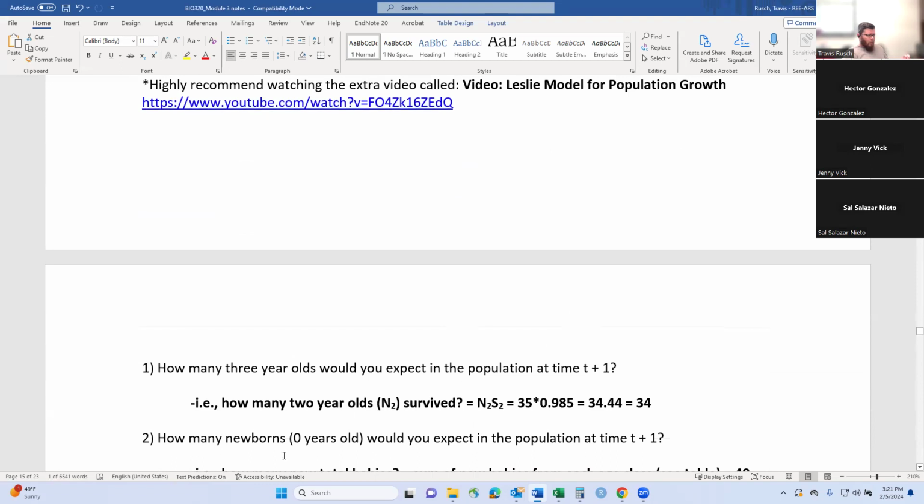Okay, so how many newborns or 0-year-olds would you expect in the population at time t plus 1? So another way to say this is how many new babies into the next year would we expect? And again, you can calculate that.